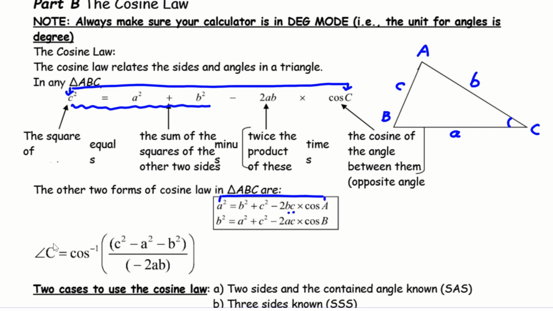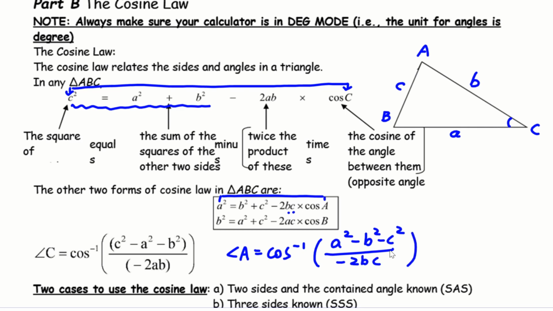And another formula you could use is for angle C. This one equals the inverse, to solve for angle C. So we move the a squared to the other side, c squared minus a squared minus b squared, then divided by negative 2ab, then find the inverse of this, and you will have angle C. And the same thing, you could find angle A with cosine inverse of a squared minus the other two sides squared, divided by negative 2bc. So you will have angle A.